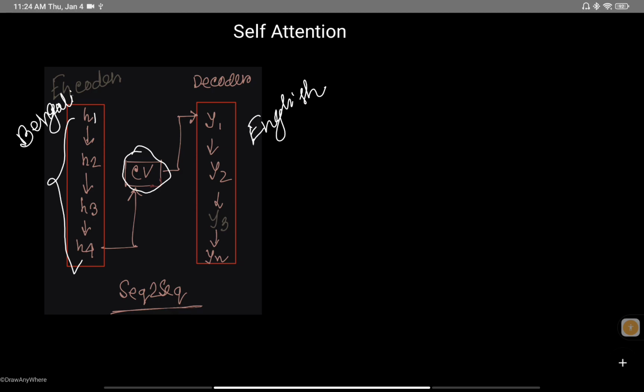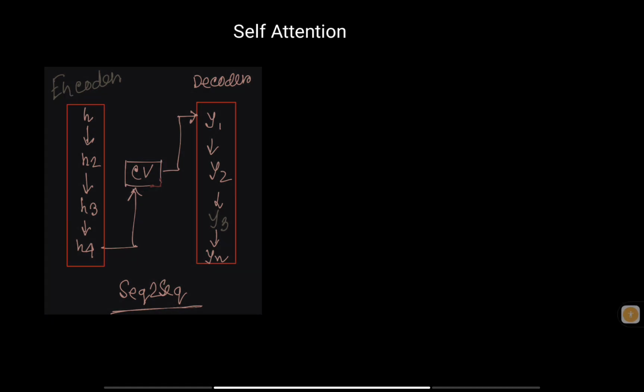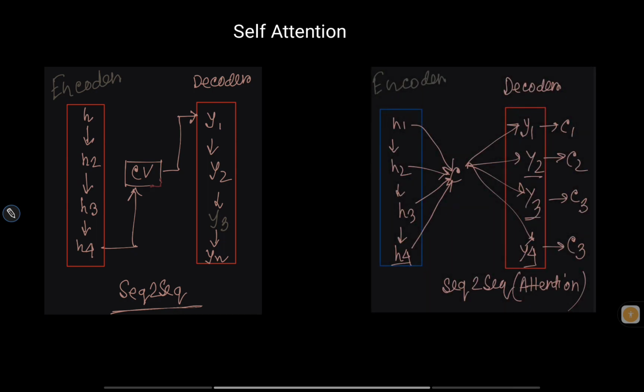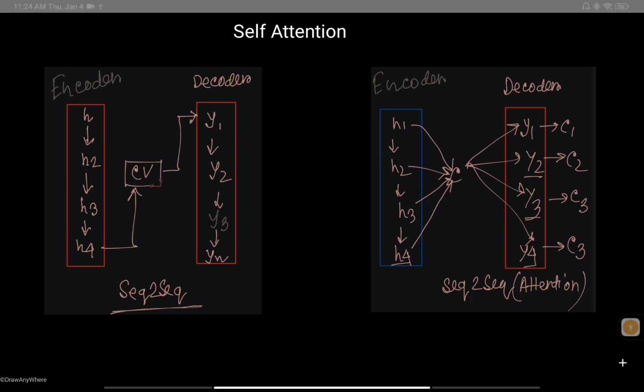Now to tackle this, we can make a few changes in this architecture. Instead of only depending on h4, we will also make available all the other states from the encoder side for the context vector, and along with that we will also calculate an attention score.